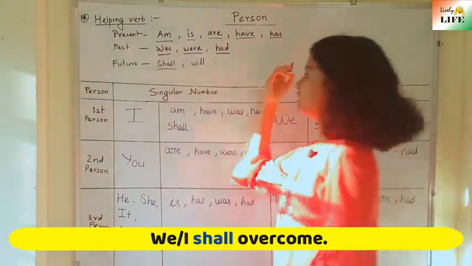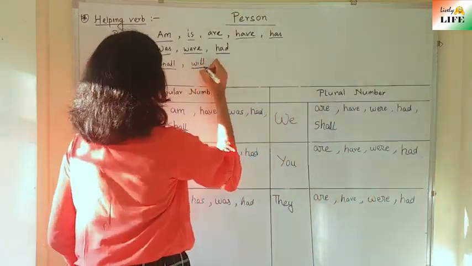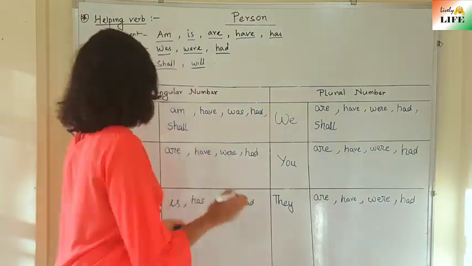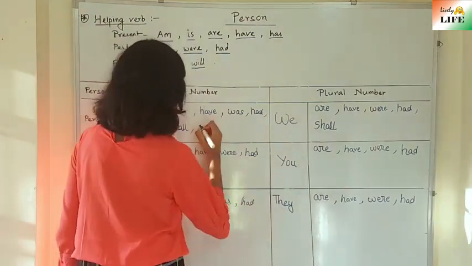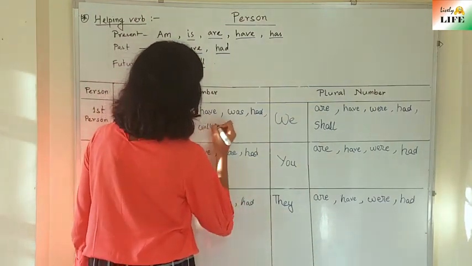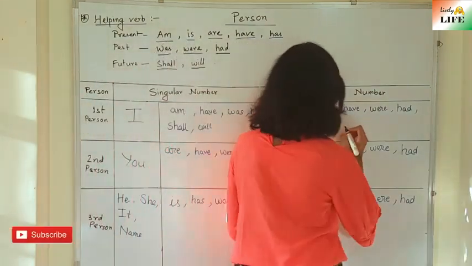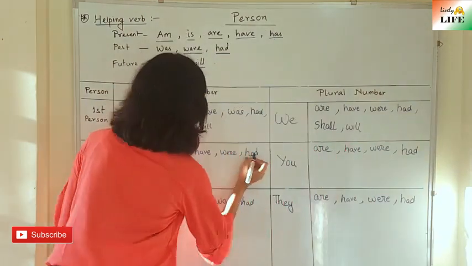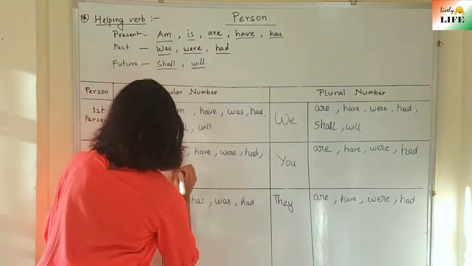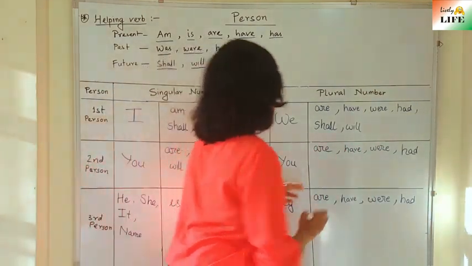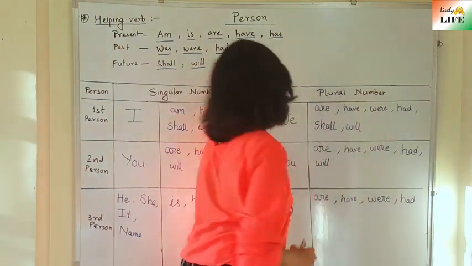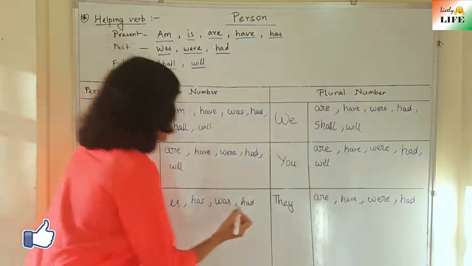Now, will. Just like had, will can be used after every one of these persons. Okay. So, I will. We will. You will. He, she, or it will.